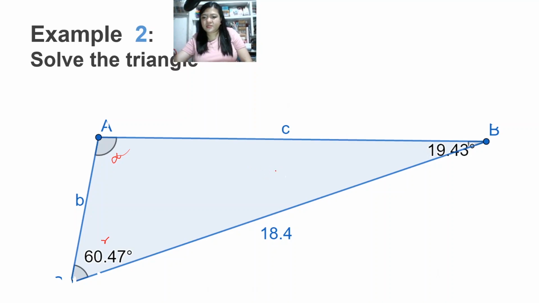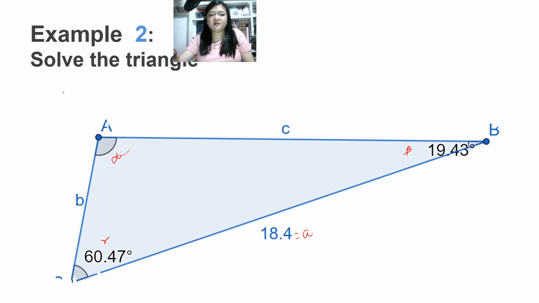And opposite our side B is our beta. And opposite alpha, this is A. Okay, so what are the sides that we are looking for? We are looking for side B and side C, and also we are looking for alpha.